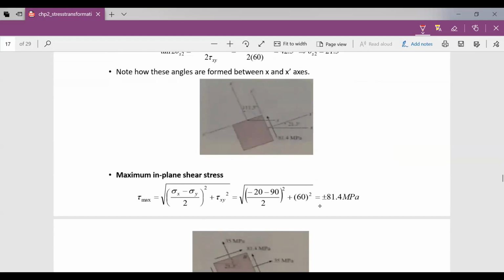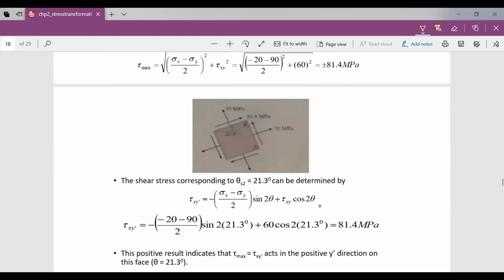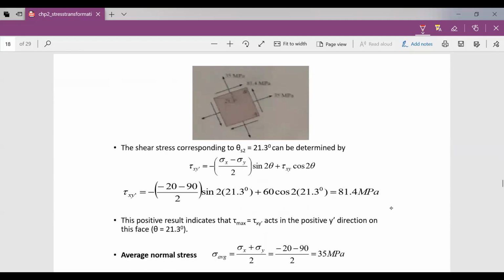Maximum in-plane shear stress, we get tau max is plus or minus 81.4 megapascal. The shear stress corresponding to theta 21.3 can be determined by tau equals negative bracket sigma x minus sigma y over 2 bracket sine 2 theta plus tau cos 2 theta. By using this formula, we get the value of 81.4 megapascal.